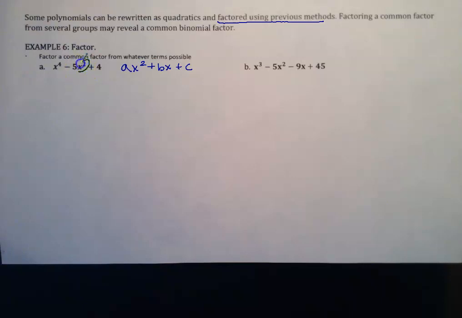This one has an x squared, right? This one has an x to the 4th. Is there an x squared buried in there? This can be written as the quantity x squared, squared, because 2 times 2 is 4, minus 5 times the quantity x squared, and then plus 4.